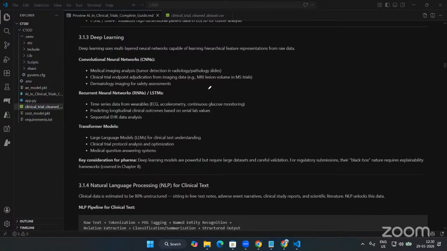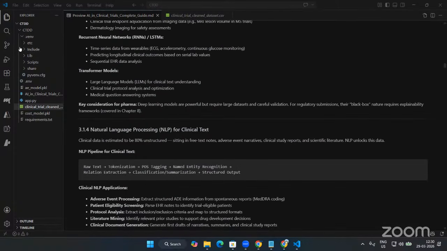Then we have the recurrent neural network. It is used for time series data.